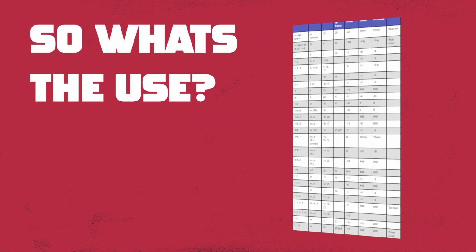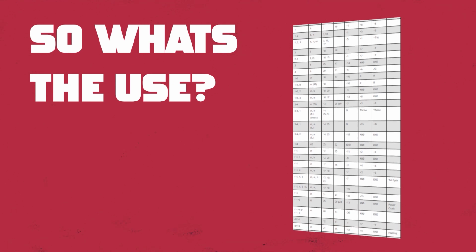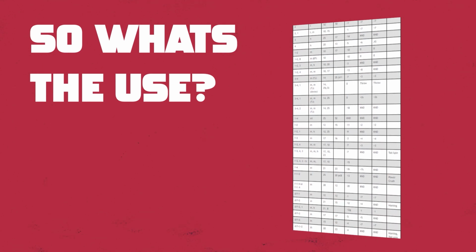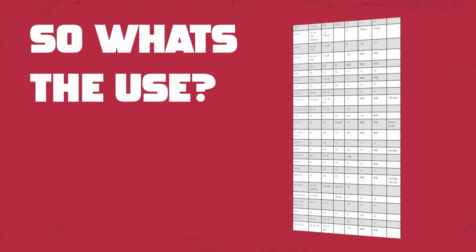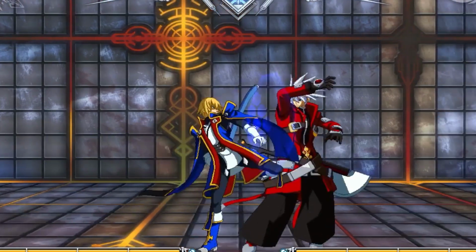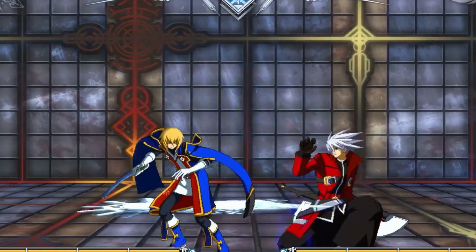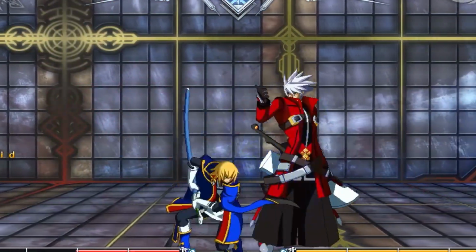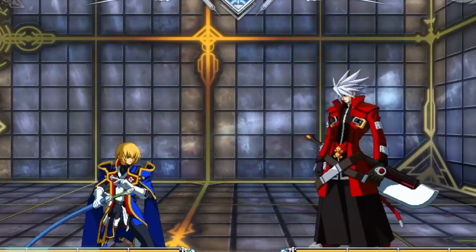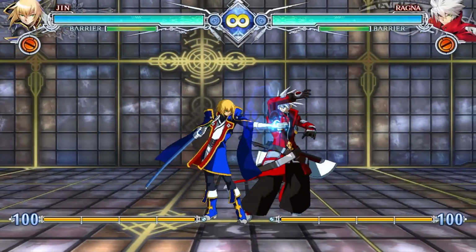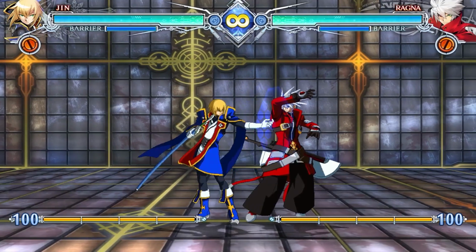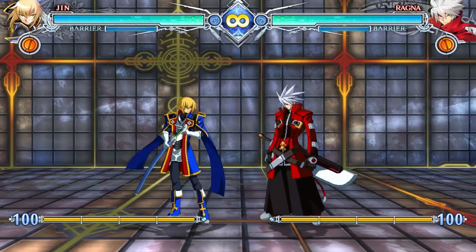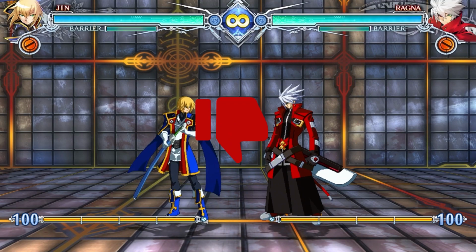Okay, so what's the use of knowing how all these numbers work? Well, the foremost and probably most obvious benefit to understanding frame data is that you can easily break down if you're left in a position to continue pressuring the opponent after an attack connects on hit or block. If the frame data number says plus, that means you have the upper hand, and if it says minus, that means your opponent is able to act before you.